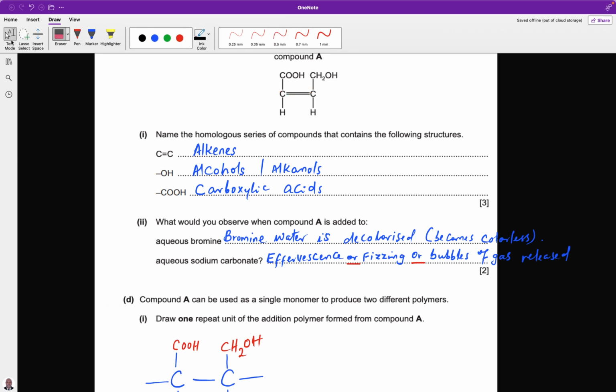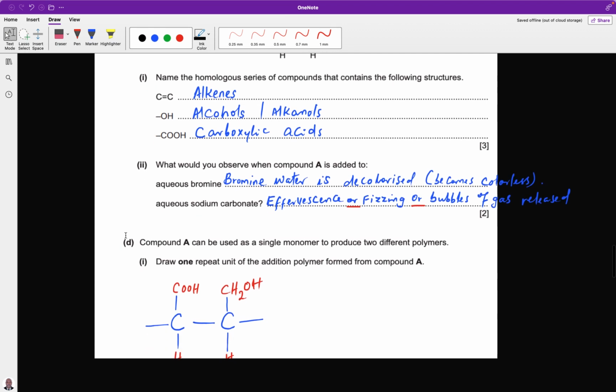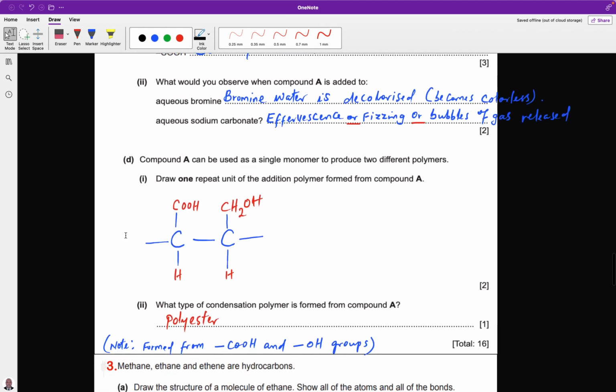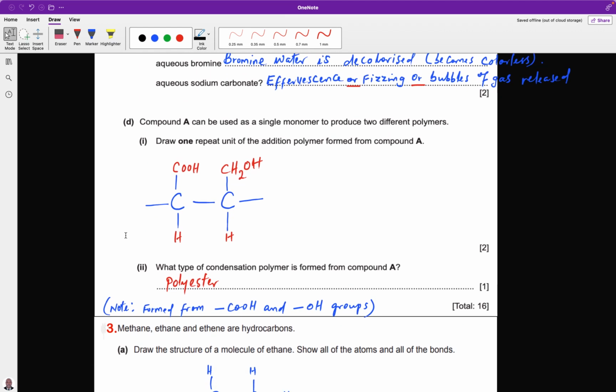So now they are telling us to draw one repeat unit of the addition polymer formed from A. In that case, the double bond will disappear. It will only be a single bond. So this will be the repeat unit.